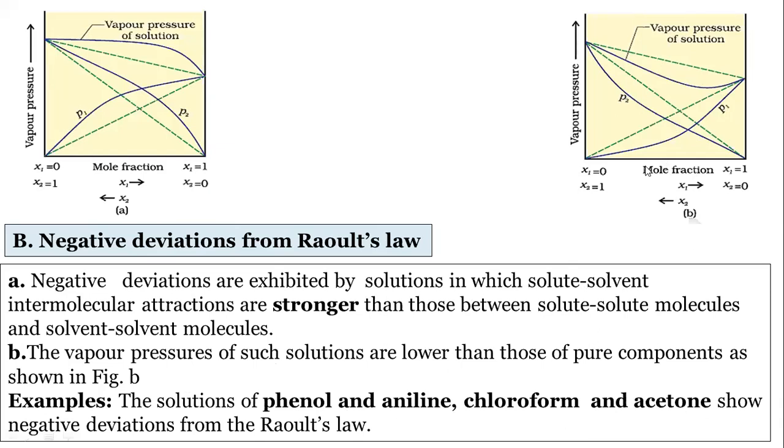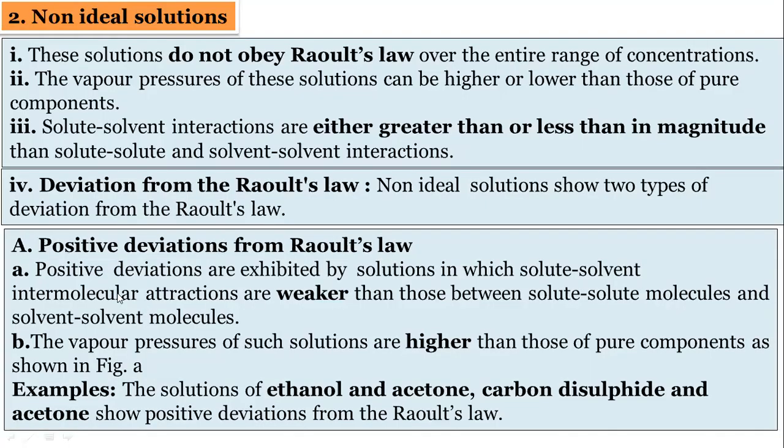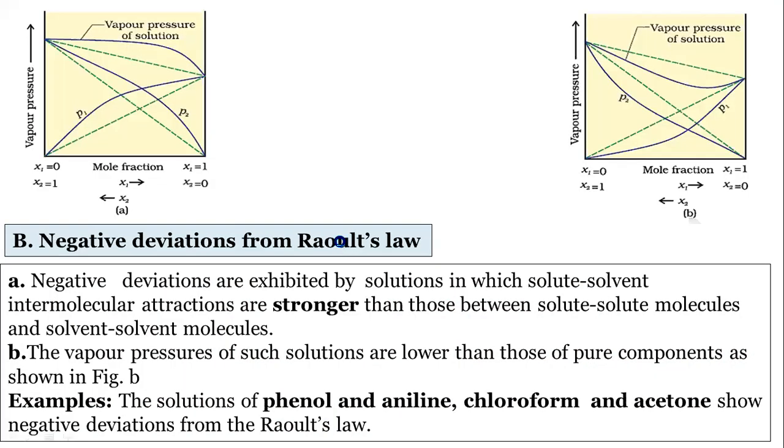This shows negative deviations from Raoult's law. This may be asked for 1 mark, or the graphs are not expected from the students, remember. So don't take too much tension about these graphs. Graphs are not expected, but this is expected: what negative deviations mean, and what positive deviations mean.